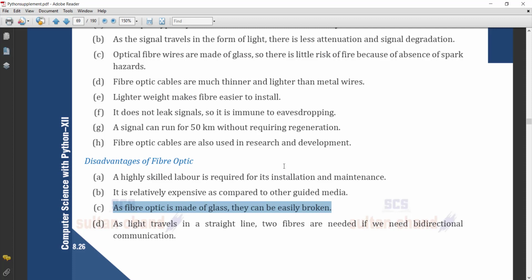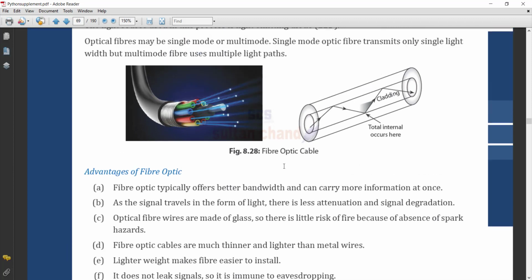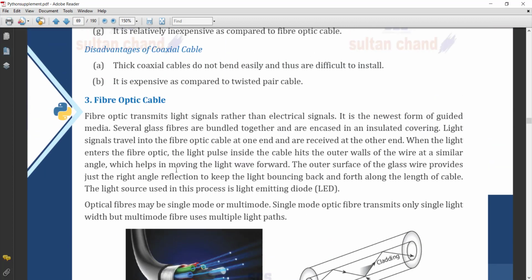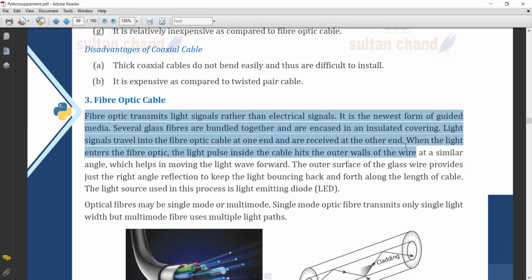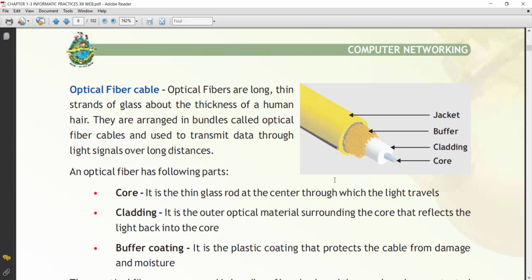So I think you all understood about the fiber optic cable. So first you note down its definition, clear, from here to there, and also you note that line. After this definition you also draw this figure.